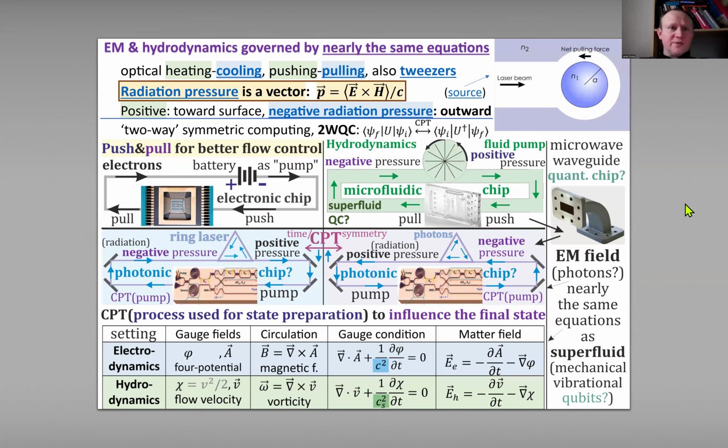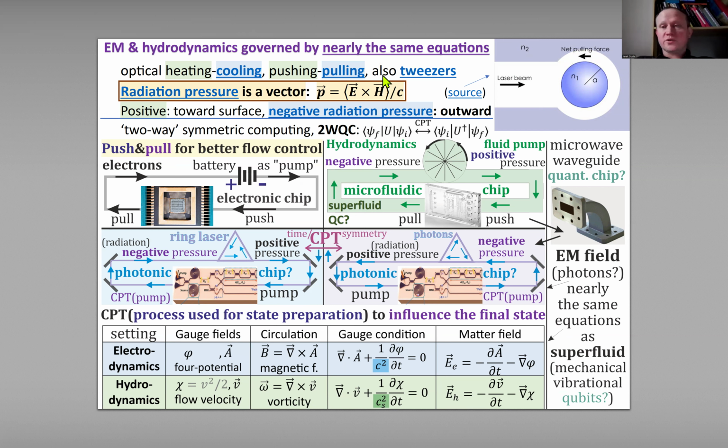Okay, so let's start with this analogy between electromagnetism and hydrodynamics, which, if there is no viscosity, for a superfluid, are governed by very similar equations, like here. With the same equations, we have optical heating, but we can also do cooling.